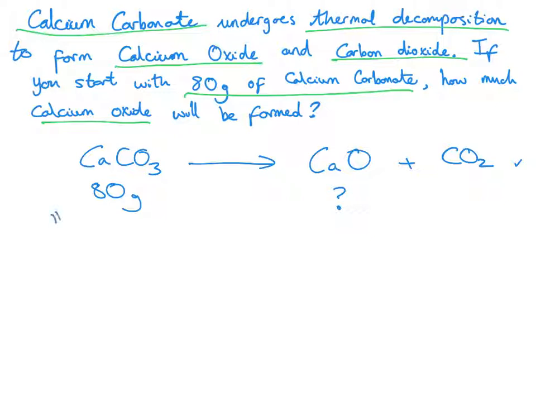So step 1, let's get the moles of what I know, which is 80 grams over the Mr. Calcium is 40, carbon is 12, oxygen is 16. So 40 add 12 add 16 times 3 equals 100.